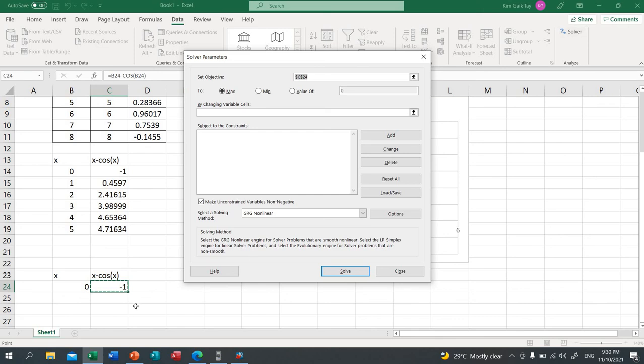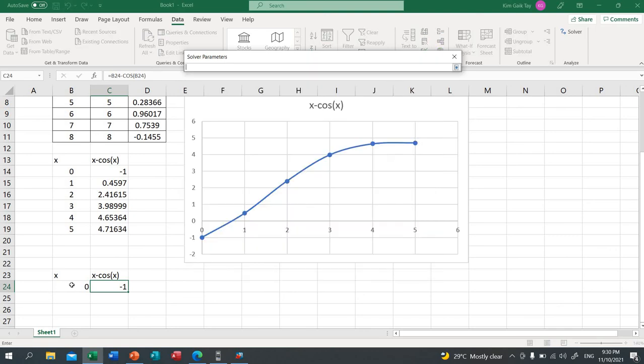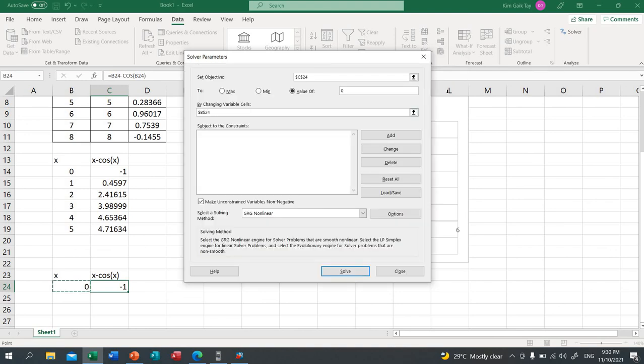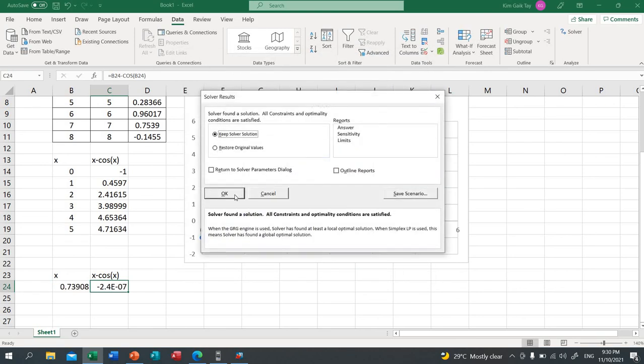Okay, I can find the root. Actually, the root happens when x minus cos x equal to 0. So you want to know what is the cell here. Set the objective, this one. I want x minus cos x to become a value of 0 by changing variable cell. I want to change this cell. Okay, and then I just solve.